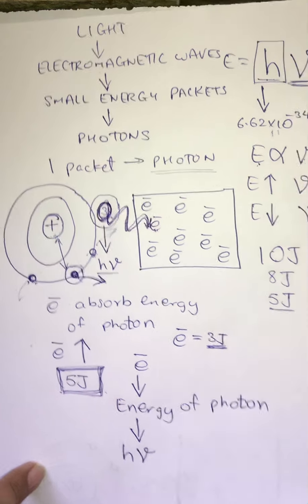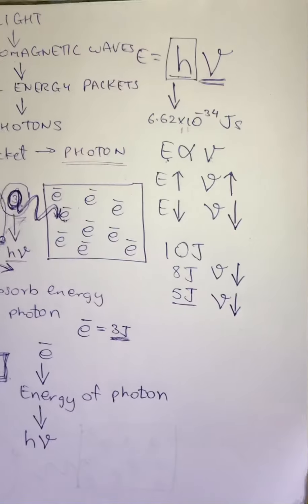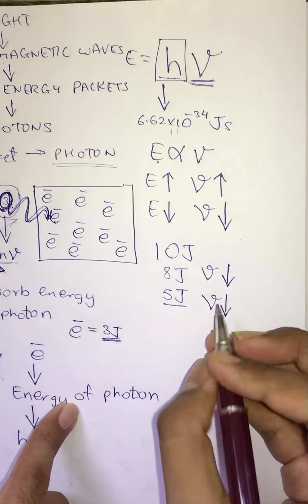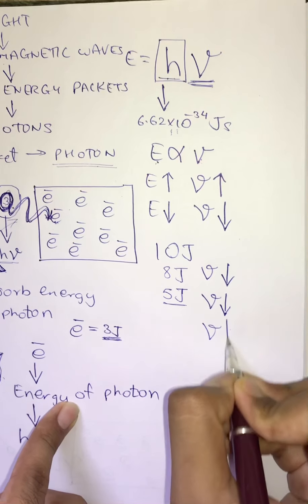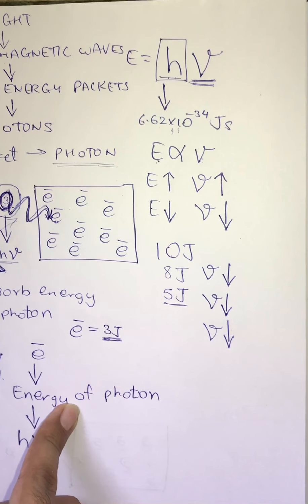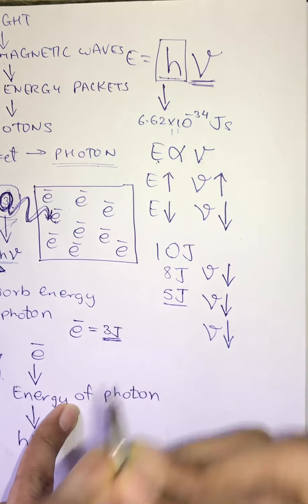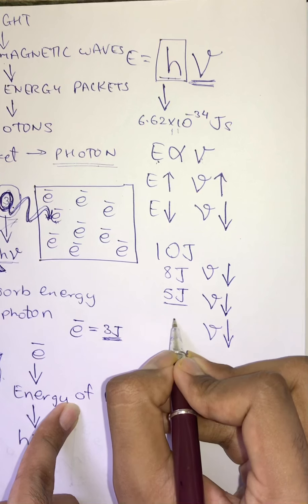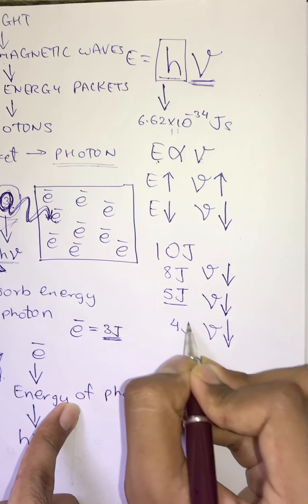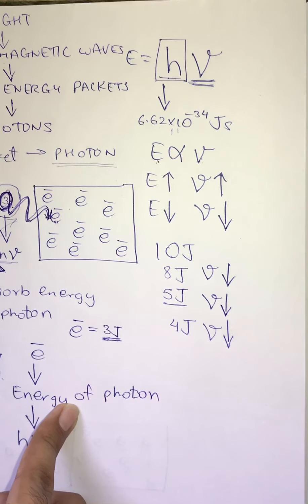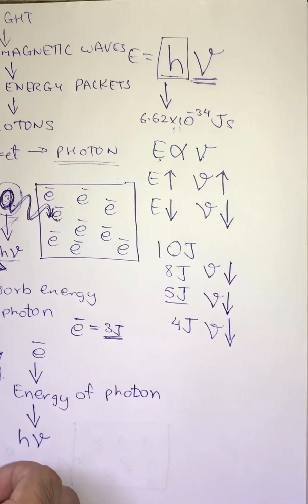Coming back to our diagram, let's say that I further decrease the frequency. Now suppose I decrease the frequency again, what is going to happen is that the energy of photon is going to decrease. Let's say that the energy of photon has now decreased to 4 joules.